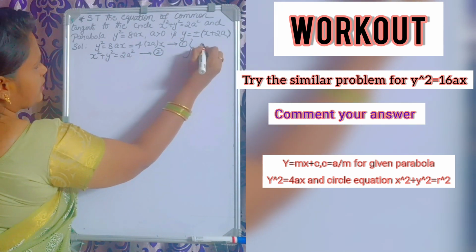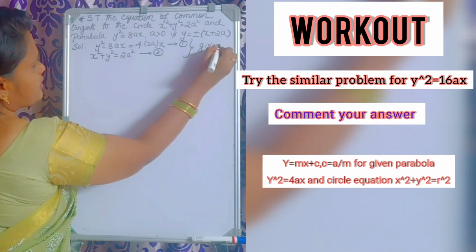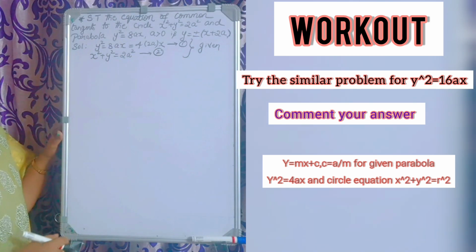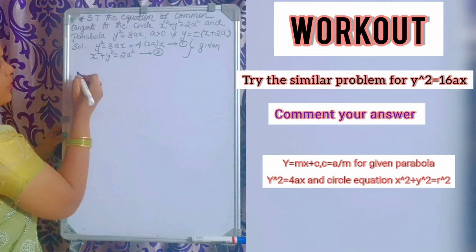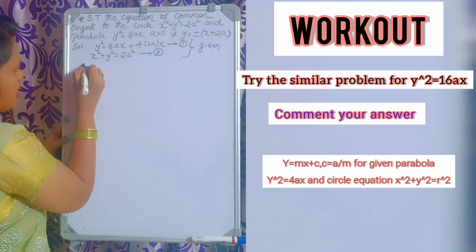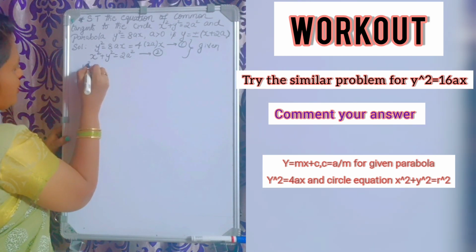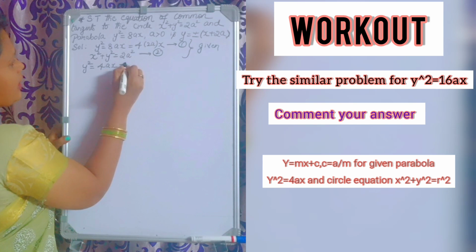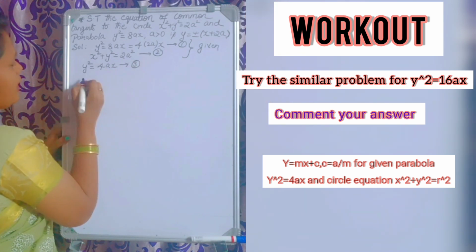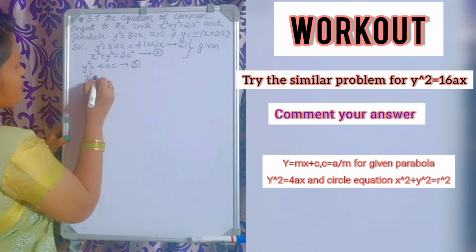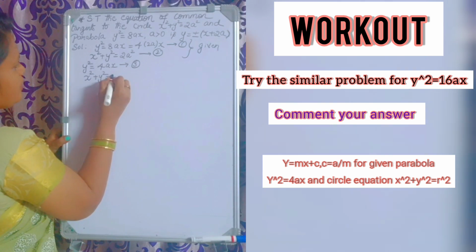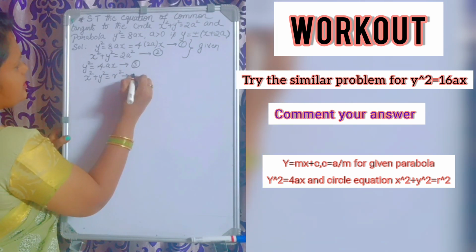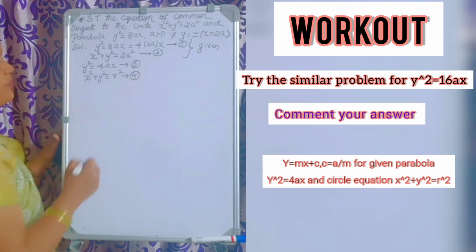These are given in the question. Now you write the standard equation of parabola, that is y square is equal to 4ax. I call this equation 3, and x square plus y square is equal to r square, I call this equation 4.